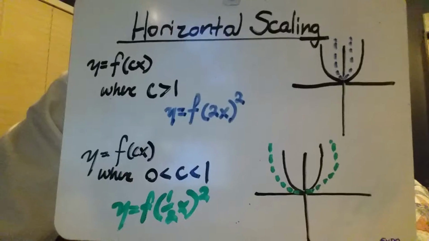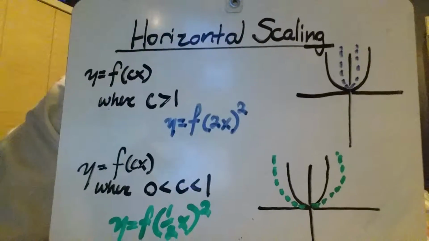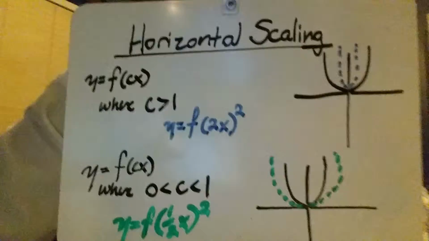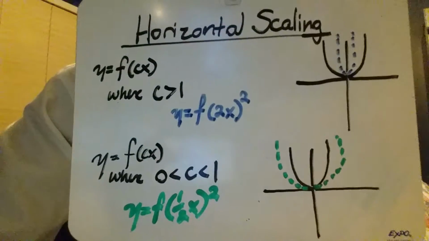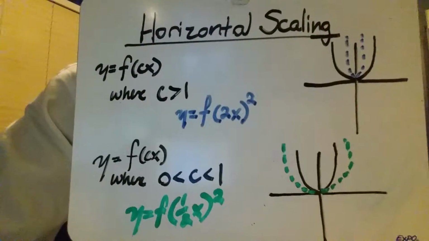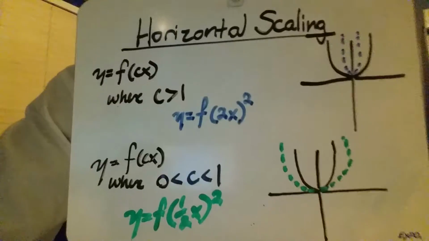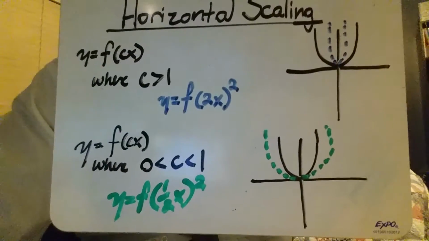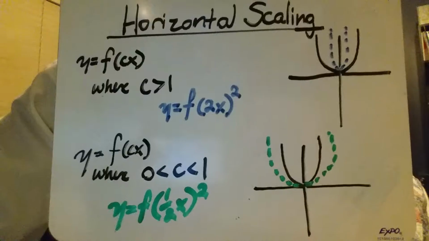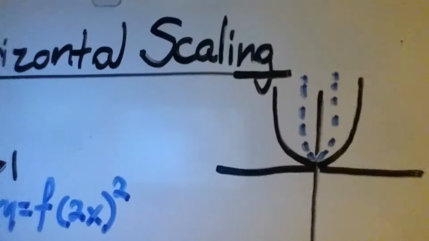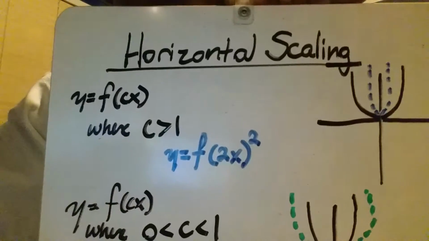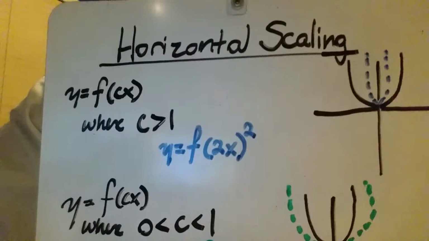So here this is where the value of your c actually matters. If your c is greater than 1, then you're going to squeeze the graph like so, thinner than your base equation.